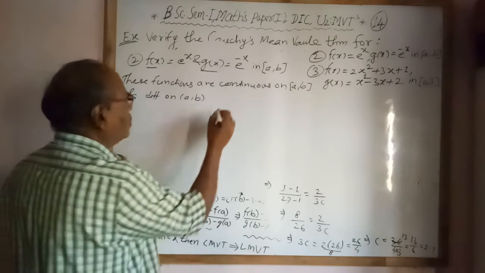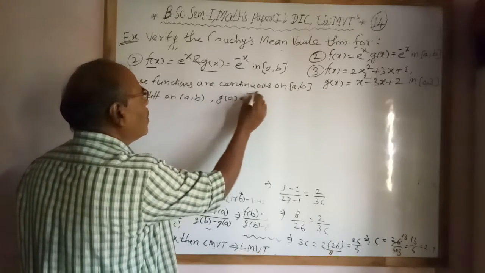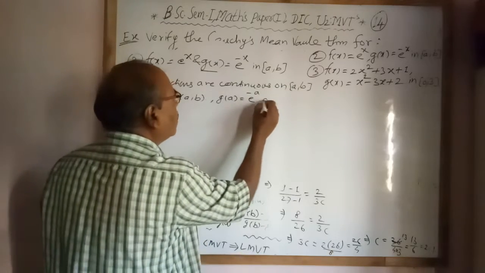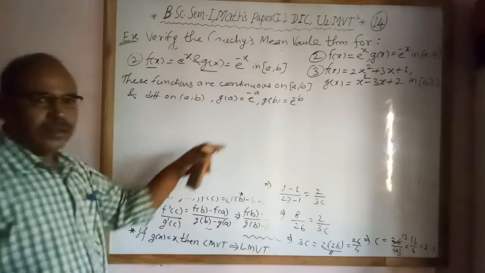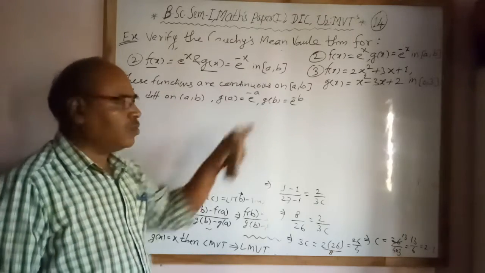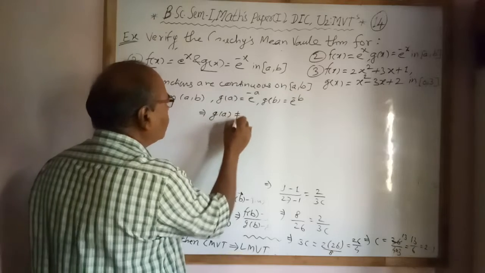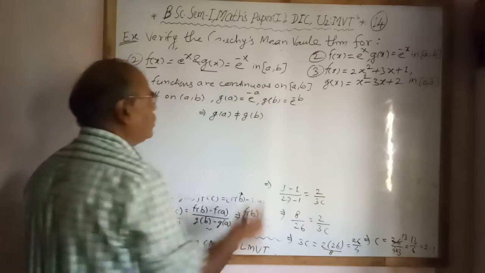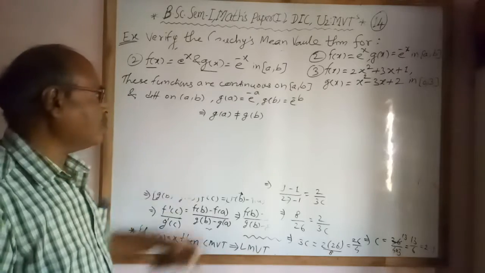Again I find g of a and g of b. g of a equal to e to the power minus a and g of b equal to e to the power minus b. Therefore you observe that g of a is not equal to g of b. That is the third condition of the Cauchy mean value theorem is satisfied.